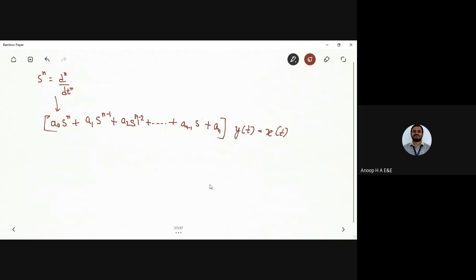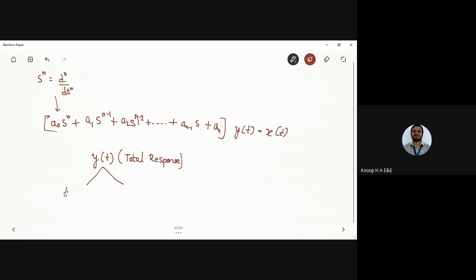So if I want to find out the two types of responses, you would have generally got it. A response is nothing but y of t. So I have the total response of the system as y of t, and if you have come across it somewhere, we consider with input and without any input.